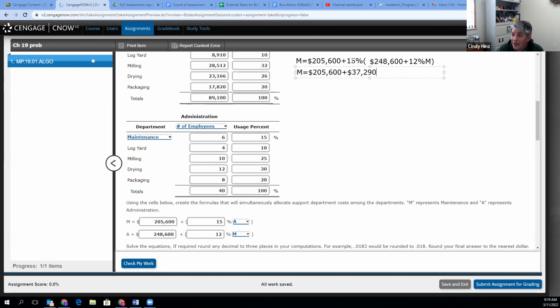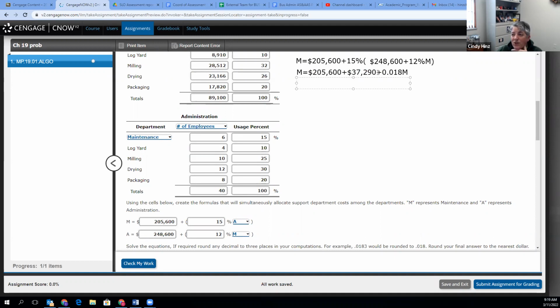So then we take the 15% and multiply by the 12% M. So 15% times 12% is 0.018. And so now we've gotten rid of those parentheses. So now we want to combine like terms. So I want to get the M's on the same side of the equation.